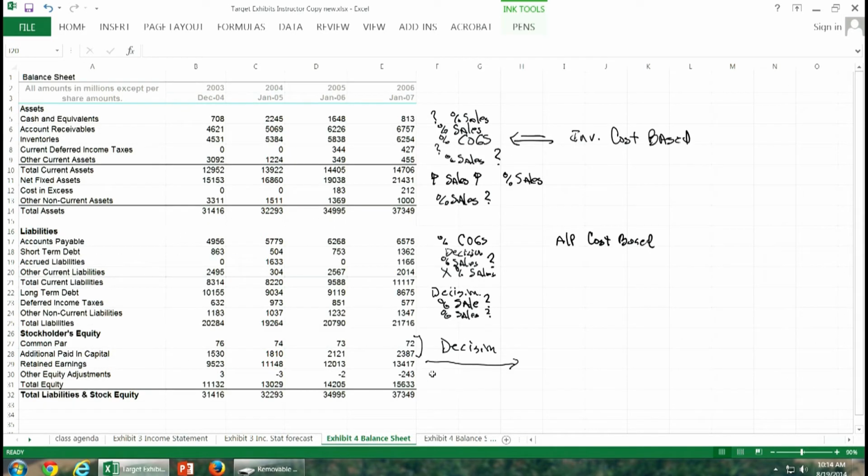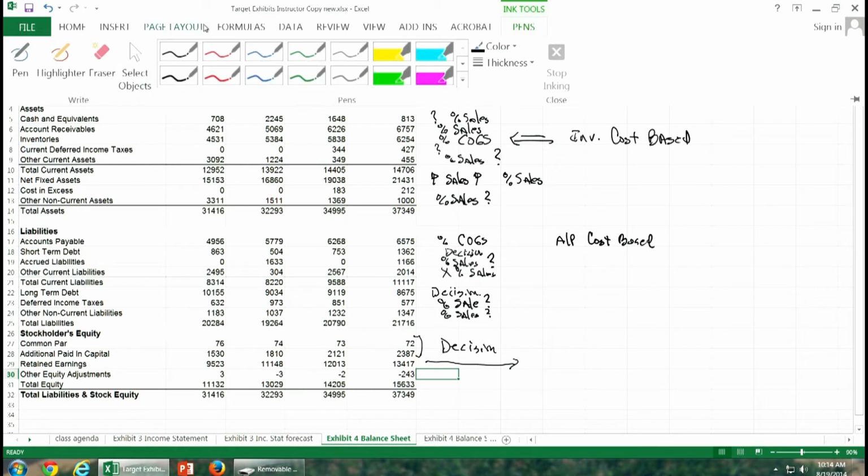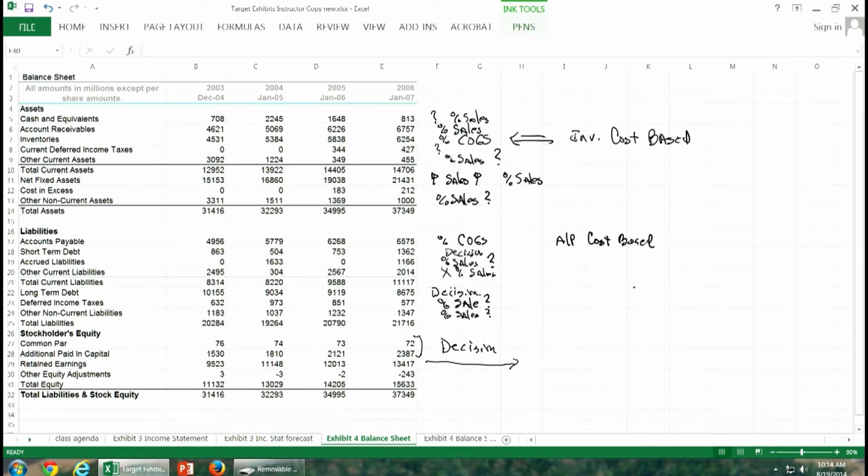So when we go back over here, when we do our forecast, the retained earnings are going to be last year's retained earnings plus current year additions to retained earnings.